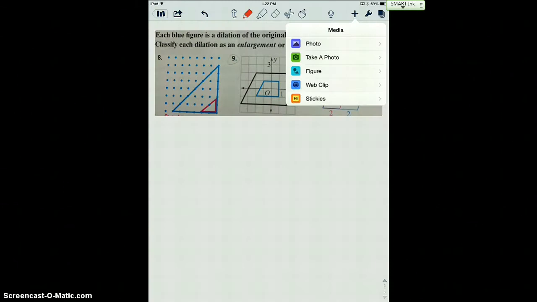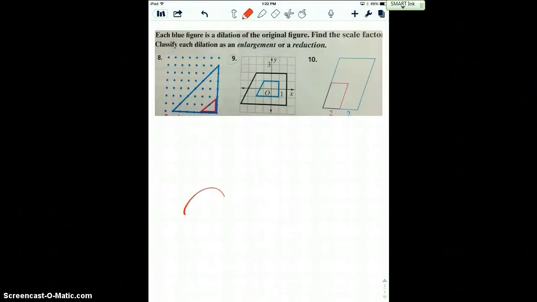If I draw on here, here's your eye, and it could go from being really small to all of a sudden really big, and you have a hard time seeing. Your eye gets dilated, so that here is called an enlargement of your pupil. And we're going to look at it within shapes.